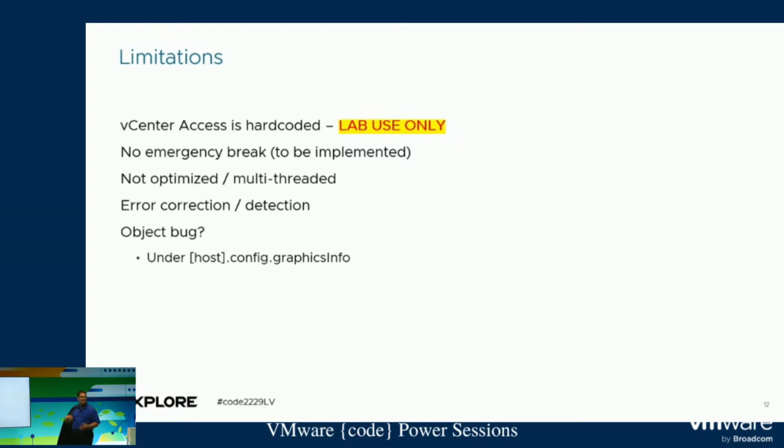There's a lot of stuff actually built into the code to make sure it comes out right. And then there's the object bug that I told you about where stuff doesn't update as fast as it should. And if you look in the MOB, you can find the GPU information underneath your host, config.graphicsinfo, and that'll bring up all of the GPUs in the given host.